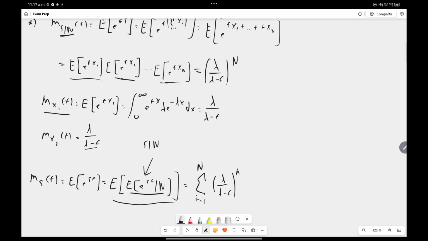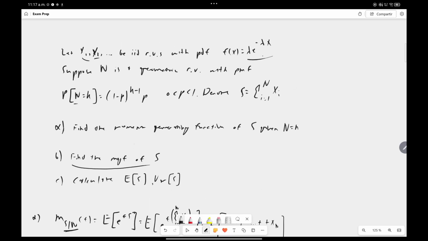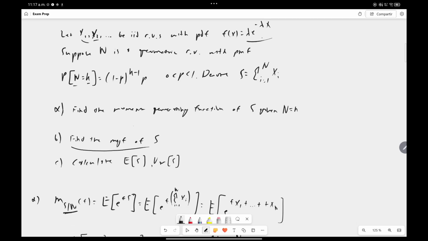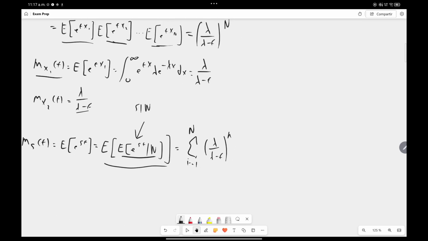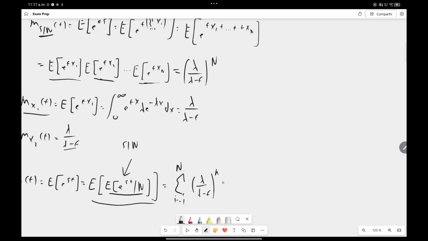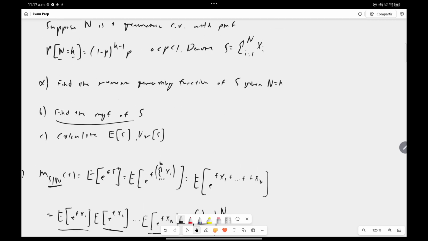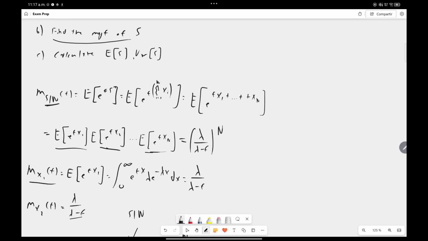Why do we use k? It's because k is the notation we're using to denote the value that n takes on. And then obviously we're going to put in the probability associated with k with n. All right.